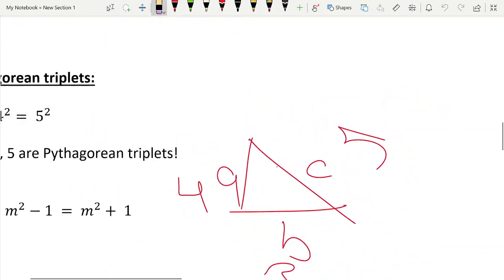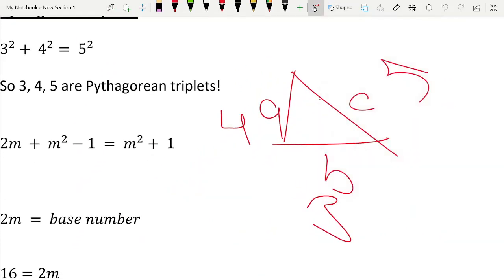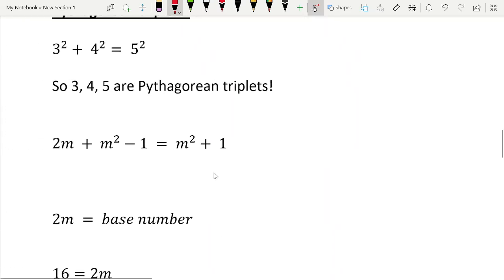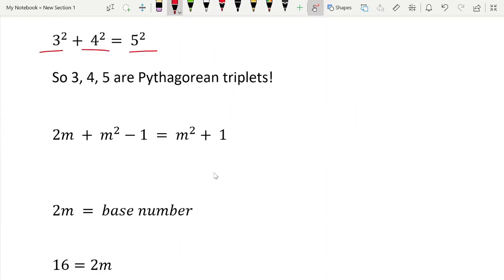Oh, sorry. That shook the whole thing, didn't it? Okay. So 3, 4, and 5 are Pythagorean triplets. Now we've got a formula to figure out the other numbers.